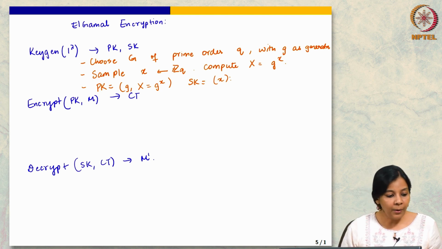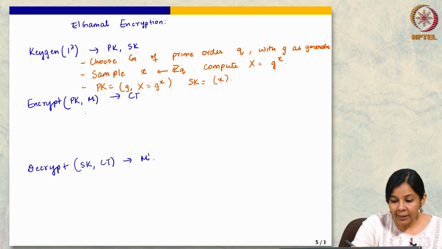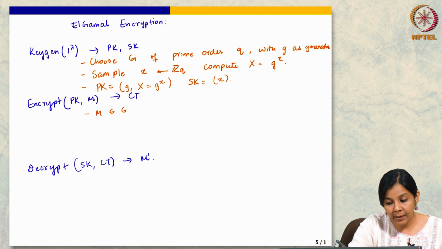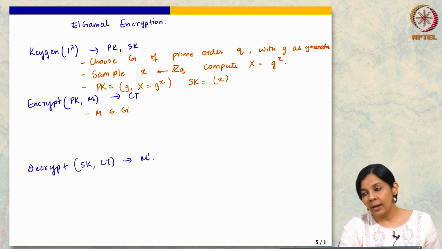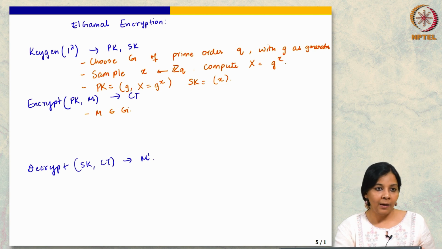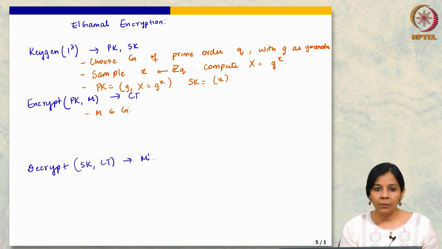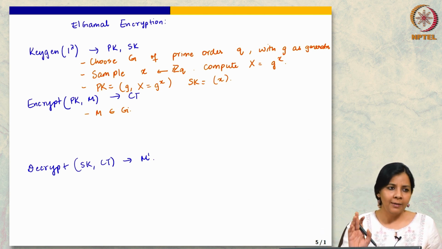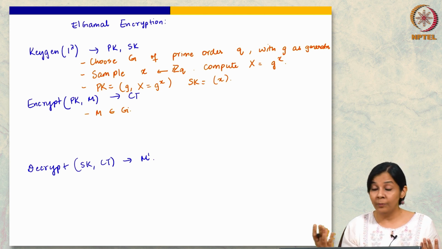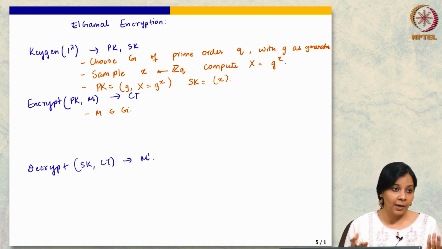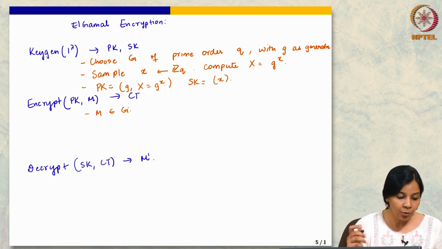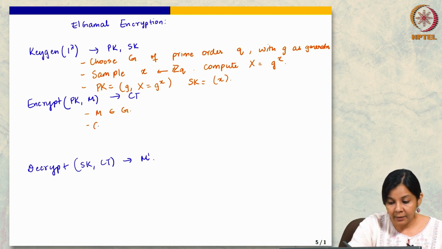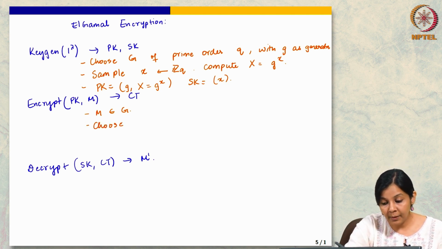So now what about encryption? So one thing here is that we let M be a group element. Okay. So why is this okay? Like if M is some arbitrary string, I can still hash it down to some group element. And by the way, the group is huge, right? So it's not that I'm going to be short of messages. So if M is in the group, then let me sample a random r.